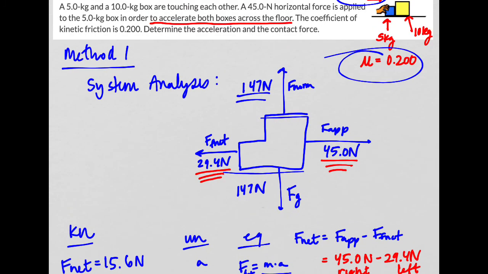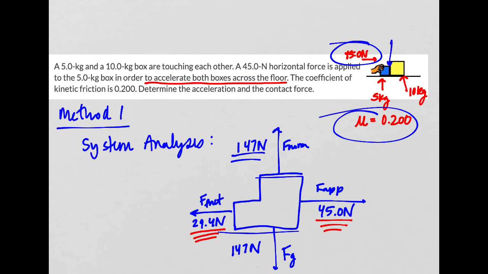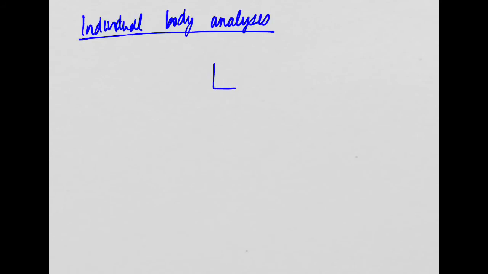Now, the second part of the problem wants us to determine the contact force that exists between the two boxes. So let's do that. I'm going to do our step 2, which is our individual body diagram or analysis. I am going to choose the 10 kilogram mass, my normal force, my force of gravity.